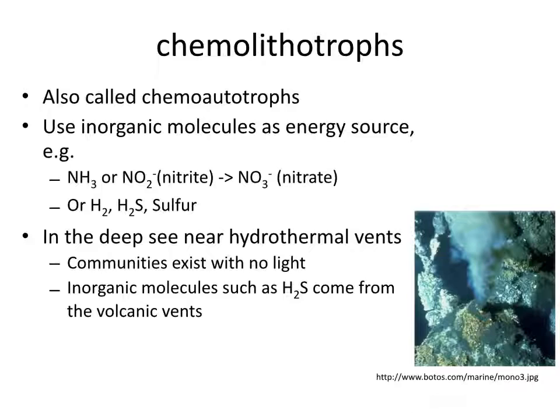One such environment, for example, where there's a lot of sulfur, is deep sea hydrothermal vents. These are deep in the ocean, there's no light, but there's a lot of hydrogen sulfide coming out of the volcanic vents from deep within the earth. So there are prokaryote communities there, chemolithotrophs, that use this as their energy source.